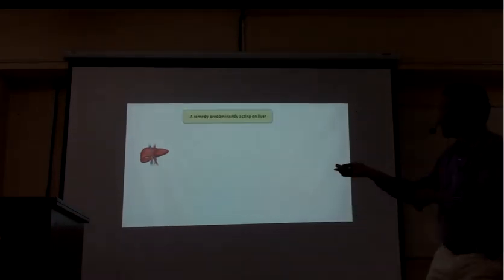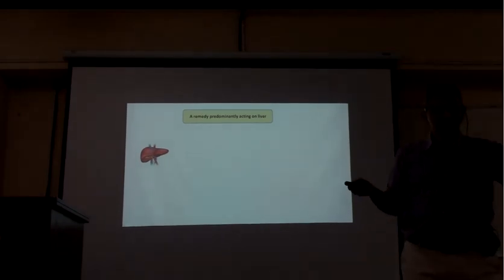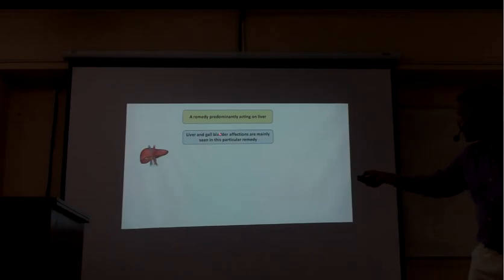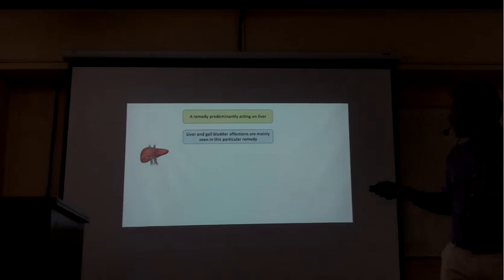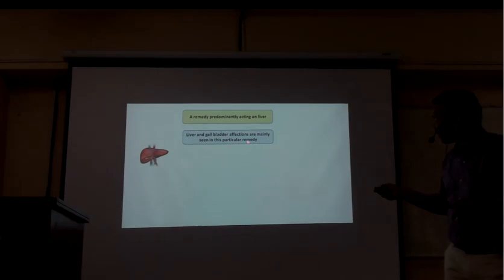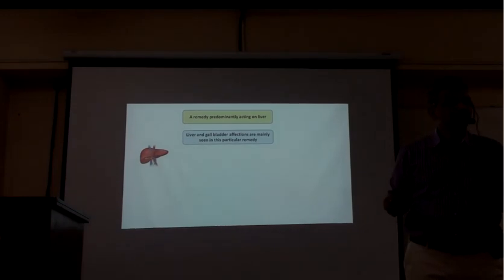So many authors, if you read now, Boericke, Dr. Nash, Dr. E. F. Harrington, Dr. Clark. These are the words taken from their introductory lectures. They say liver and gallbladder are the main seat of action in Chelidonium.